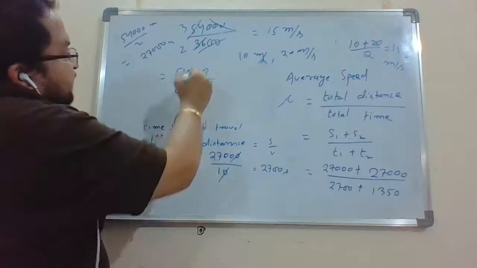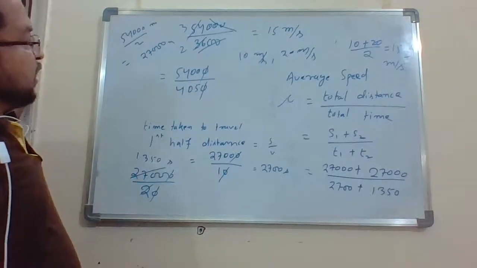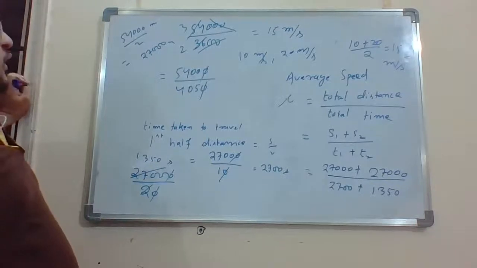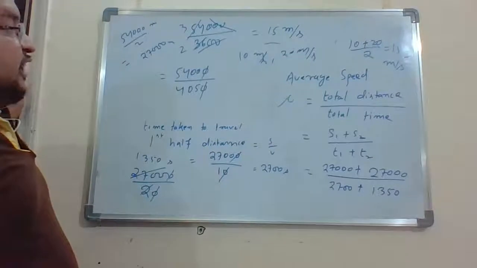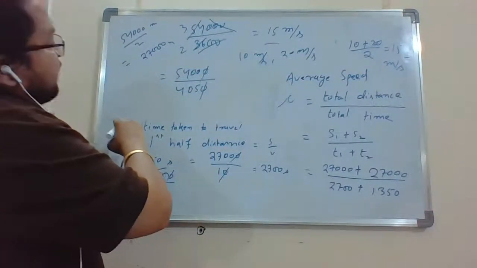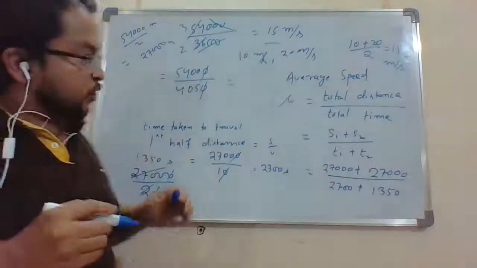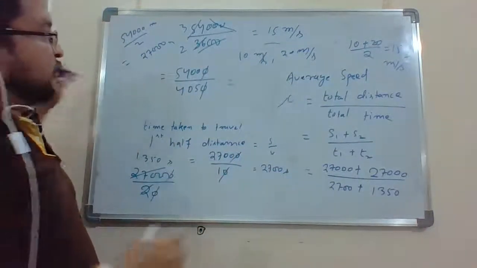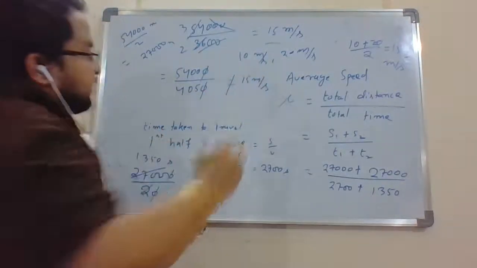So if we divide this, it will for sure not be equal to 15 meter per second, right? If we want to find the exact value, we can divide by 5. But it will definitely not be 15 meter per second.